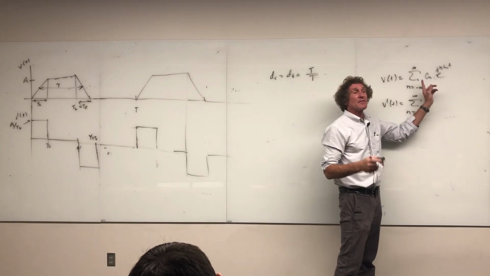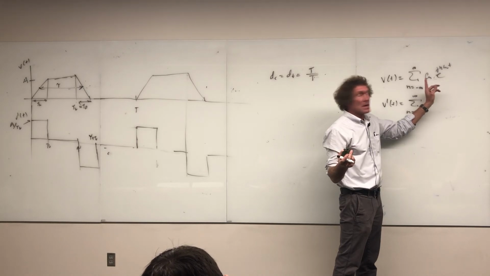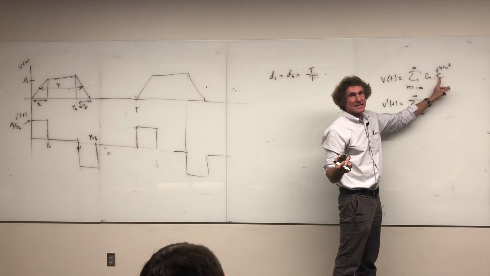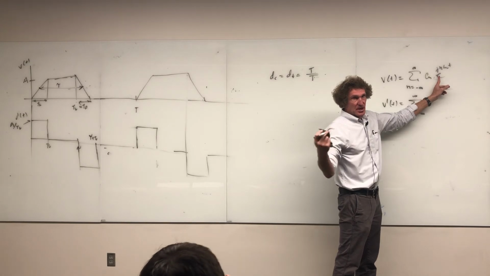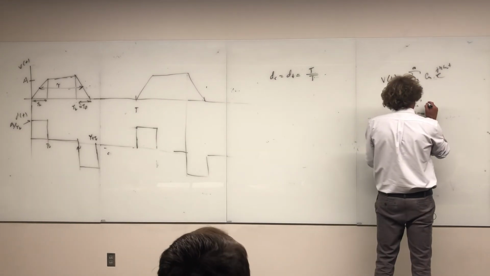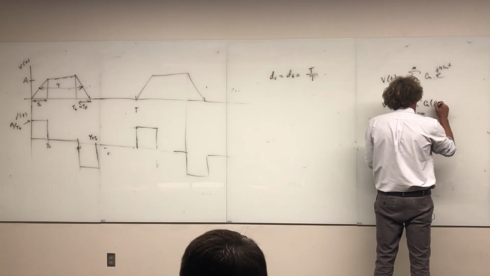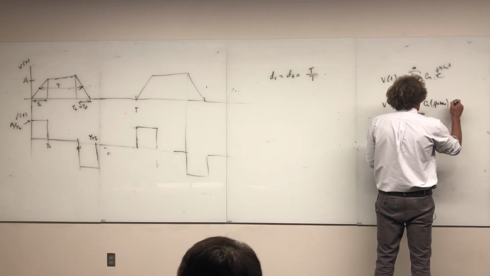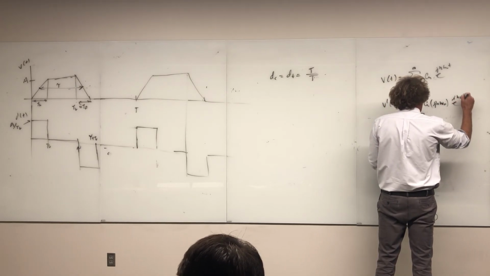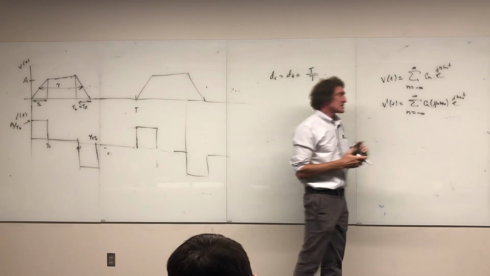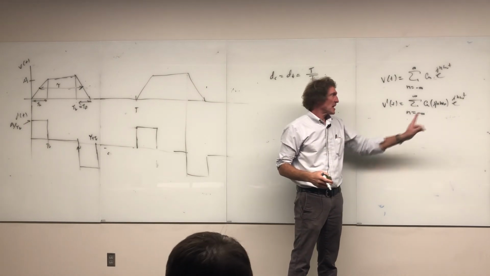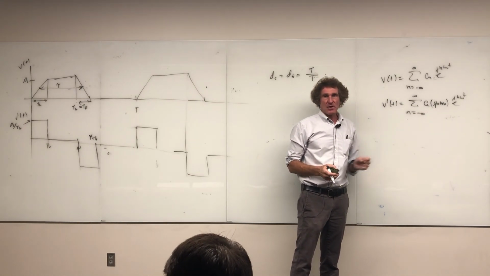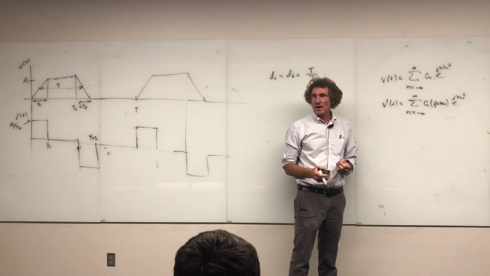Does C of n have a time-varying component? What's the derivative of that with respect to t? Just jn omega naught. That's exactly right. So I have C of n times jn omega naught times e to the jn omega naught t would be that series. But you'll notice I don't have a constant there. I have a constant times jn omega naught, right?